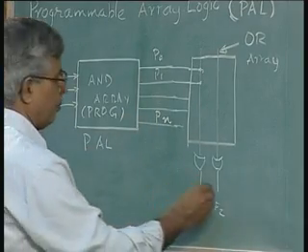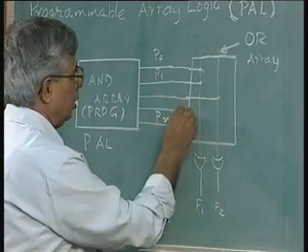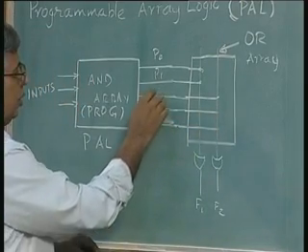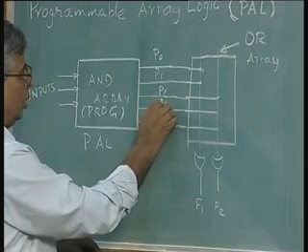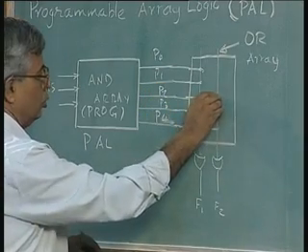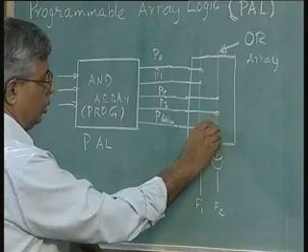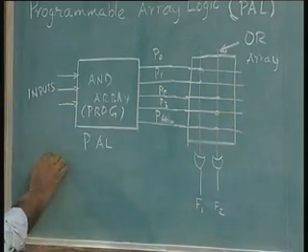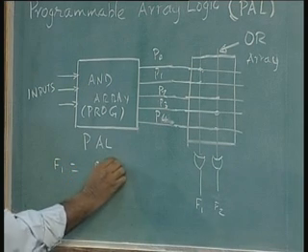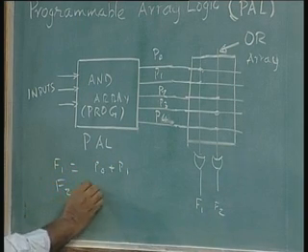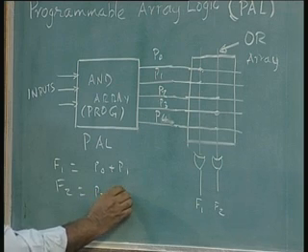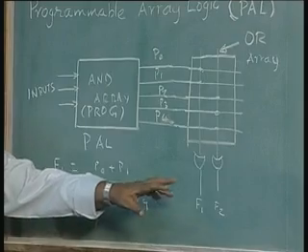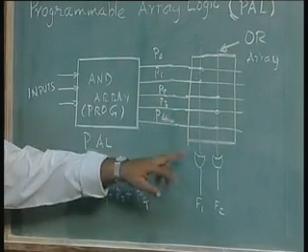Likewise, F2 will have P2, P3 and P4. So, my F1 is P0 or P1, F2 is P2, P3, P4.